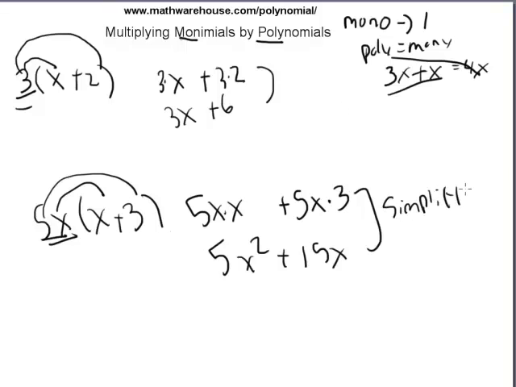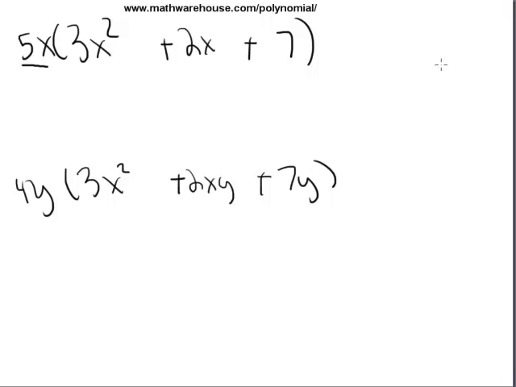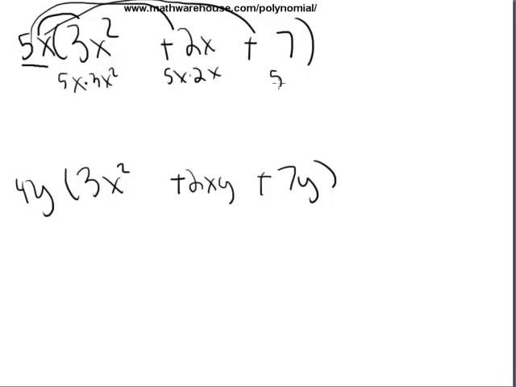Alright, let's look at some slightly more complicated problems. Let's multiply the monomial 5x by this polynomial, and first step, if you recall, is to distribute. So we're going to multiply 5x times 3x squared, 5x times 2x, and then 5x times 7.